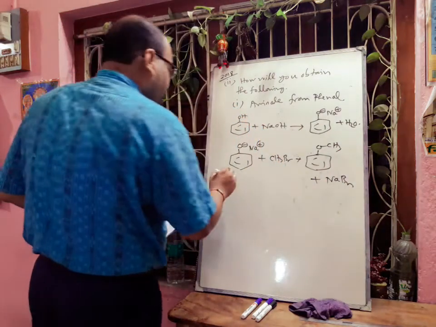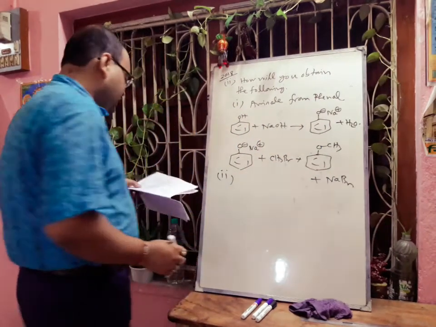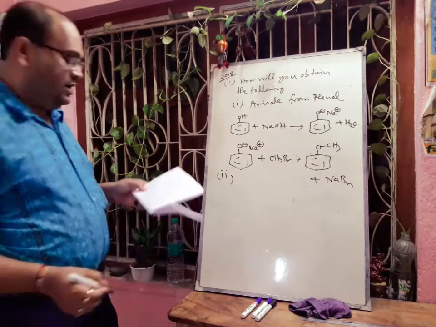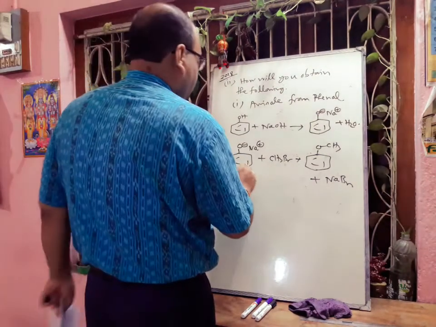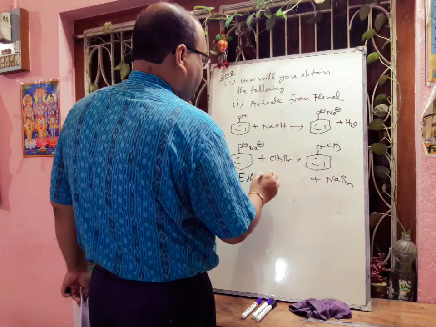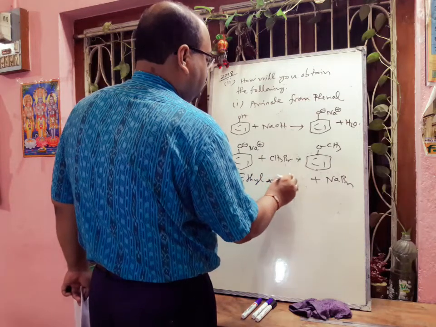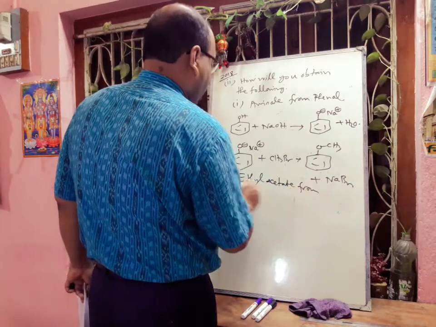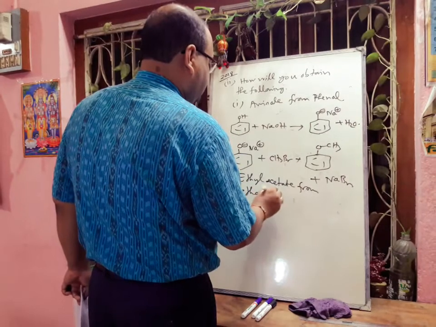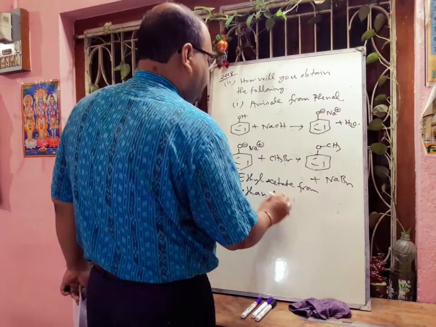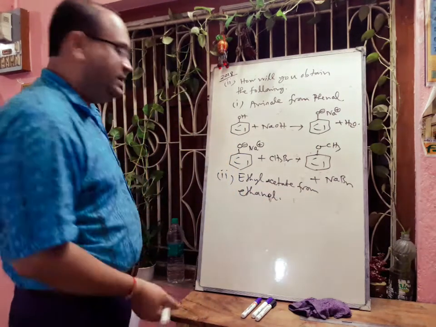Next, question number 2 is given: ethyl acetate from ethanol. It is a very easy reaction, just an esterification reaction.